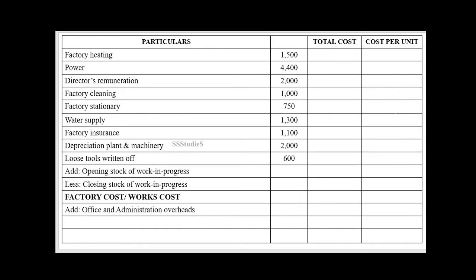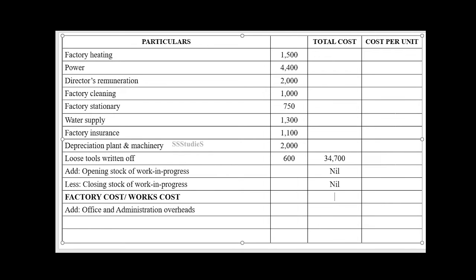If we add all these overheads coming under factory overheads, it comes to 34,700. We don't have opening stock of work in progress, neither do we have closing stock of work in progress.